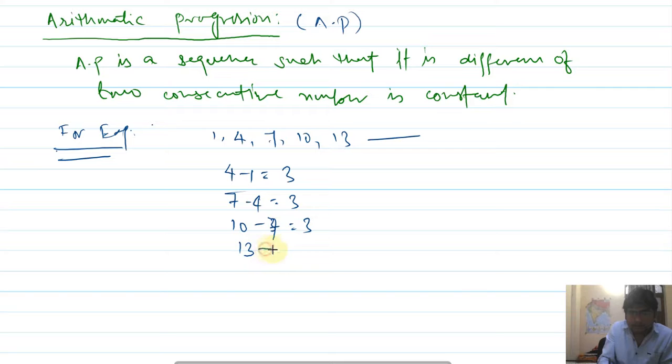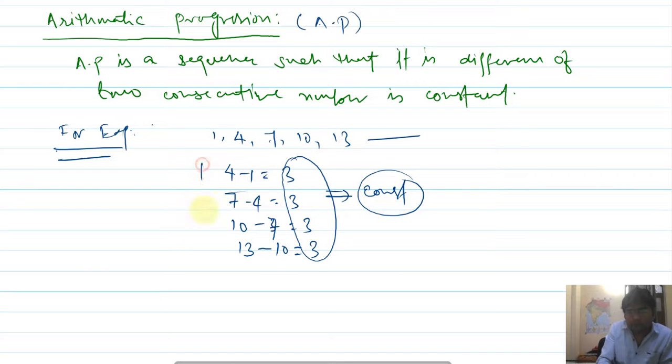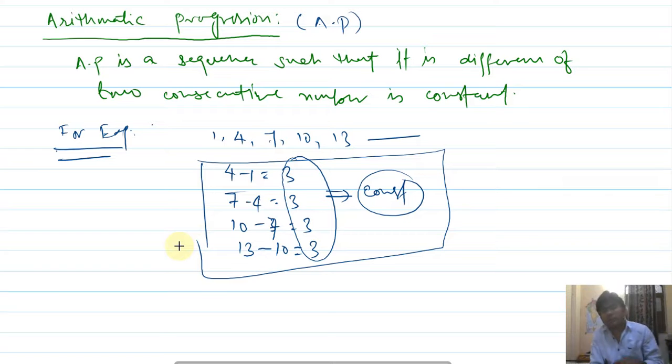And 13 minus 10, you get 3. So you are getting a constant. This type of sequence is called an AP.